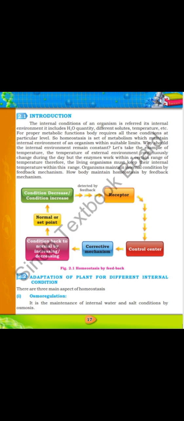If the conditions are decreased, they will be increased. But what will we get? We will get the normal or set point. And again, if there are changes, the receptor will receive the changes and send them to the control center. So it is the feedback system, and homeostasis works under this feedback system.